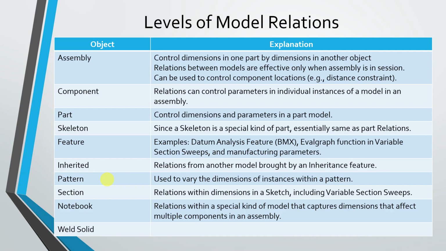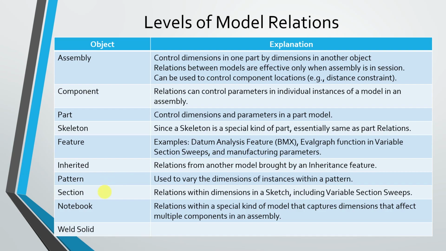But for some of those different pattern types, like a dimension pattern or a direction pattern or an axis pattern, you can write relations to control the values of dimensions within the individual instances of that pattern. So for example, if you're creating a pattern of holes around an axis, you could have a relation that controls the diameter of that hole. So the diameter changes as the pattern instances are incremented.